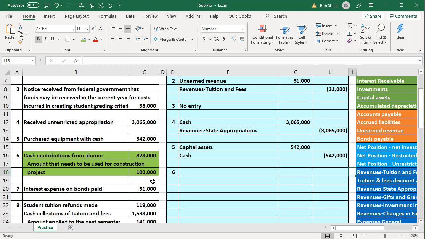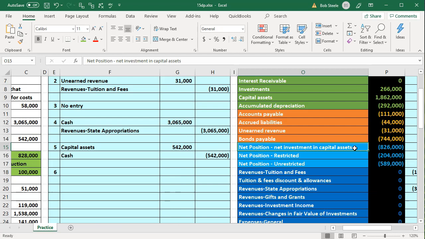We're not labeling, in other words, in our accounts as to being restricted or unrestricted, but we do have to keep in mind that account and that restriction so that when we close them out properly to the proper net position account, which does indicate then the restrictions for them. So we have the net position, net investment in capital assets, then we have the net position restricted and unrestricted. So keep that in mind as we do this.